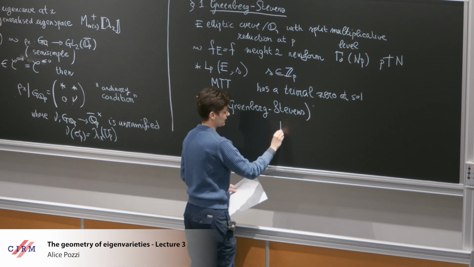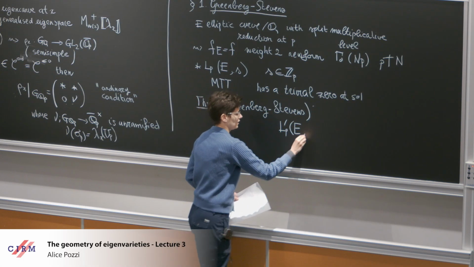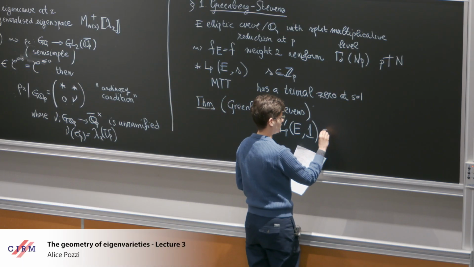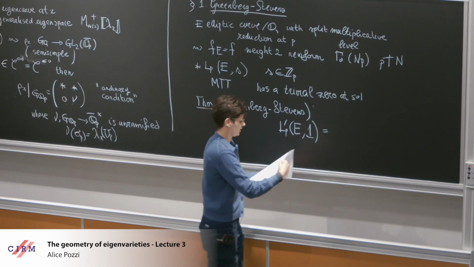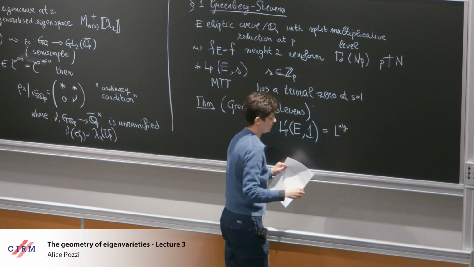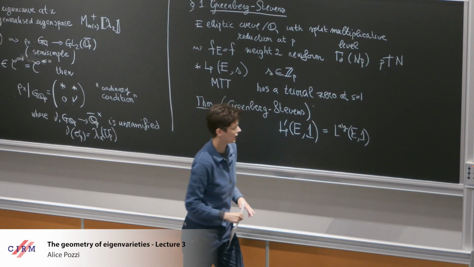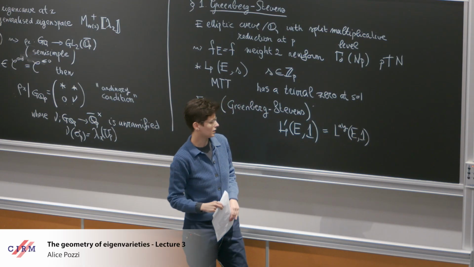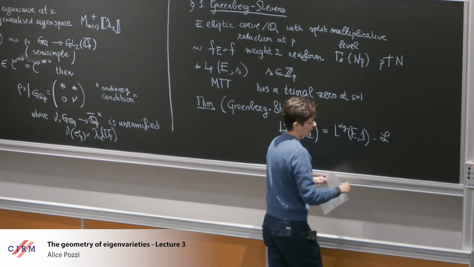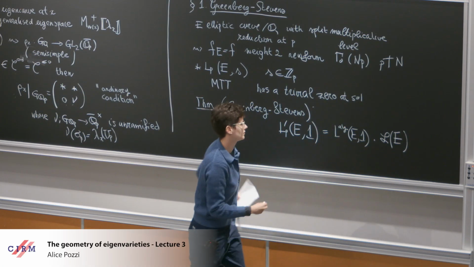If I take the derivative of this p-adic L function at the value s equals 1, I'm going to get something that is equal to the algebraic part of the L value, the classical L value, multiplied by what is called an L invariant.